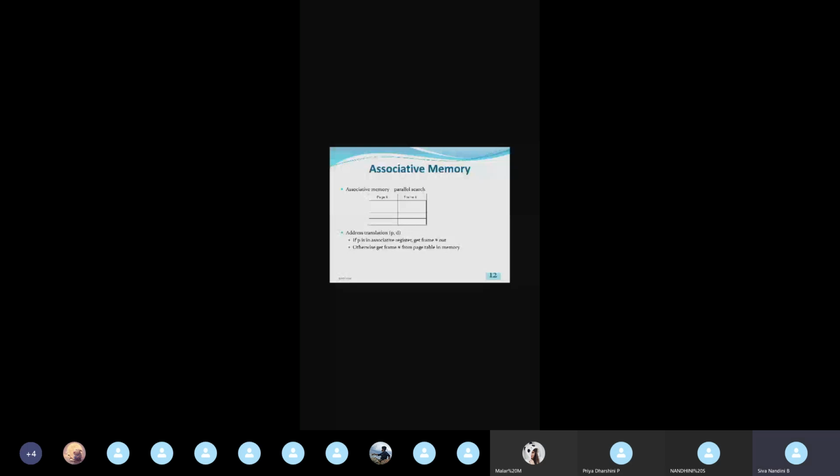Here the logical address in the paging concept includes the page number P and offset D. See how, with this translation look-aside buffer, or associative memory, or TLB, we are converting the logical address into a physical address. We can see this with the diagram in slide number 13.